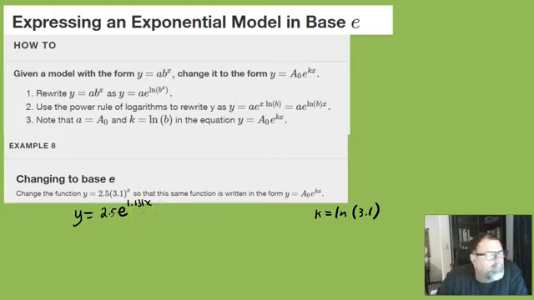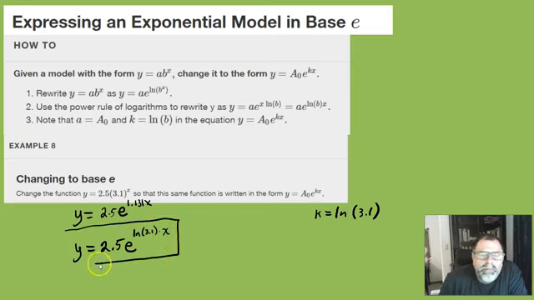We're done. Okay, I take that back. It looks like the book wants to keep this the exact number, so we're going to write this as y equals, so this is approximate, right? So we want to leave it as ln of 3.1 times x.